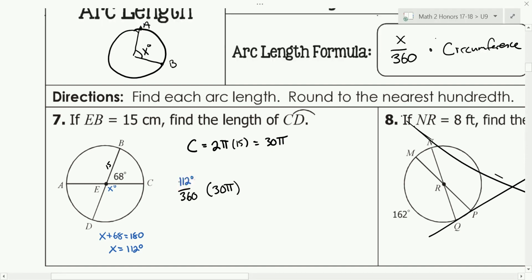Okay. And so this should give us the arc length of CD. And so if we type all that into our calculator, what are we coming up with? Anybody? 29.31 or 32?